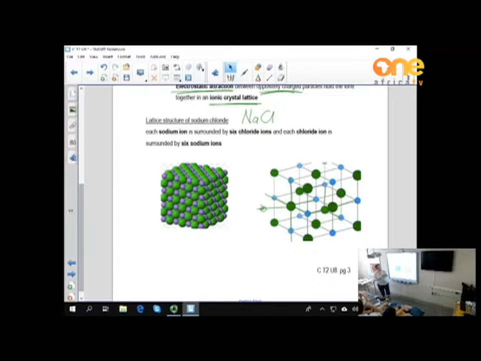But in sodium chloride, each sodium ion is surrounded by 6 chloride ions in 3 dimensions. Okay? And each chloride ion in its turn is surrounded by 6 sodium ions.